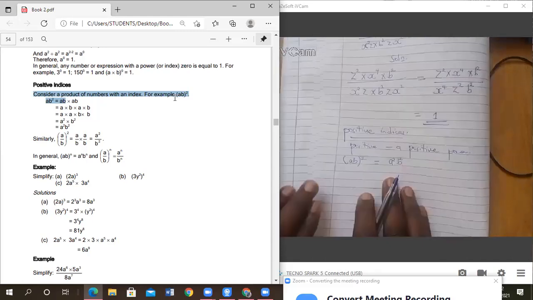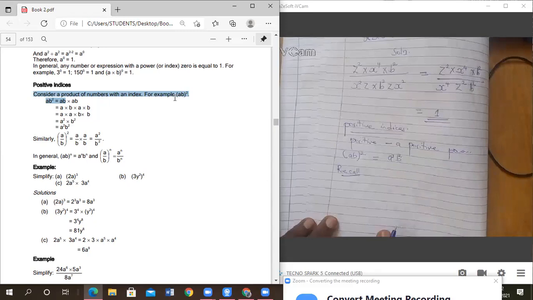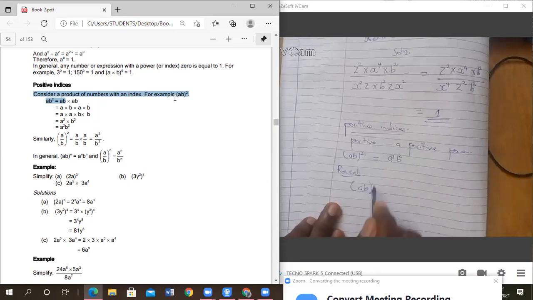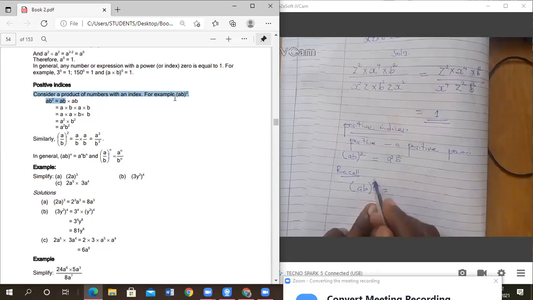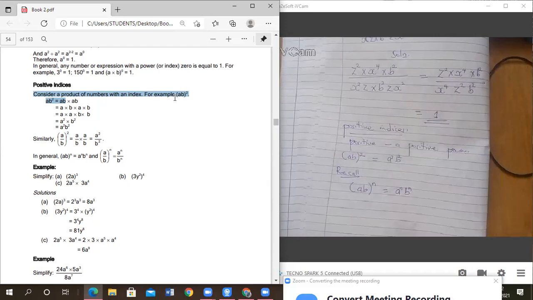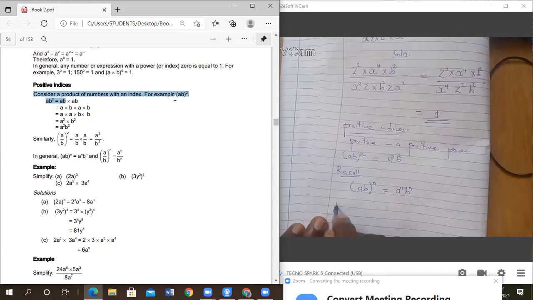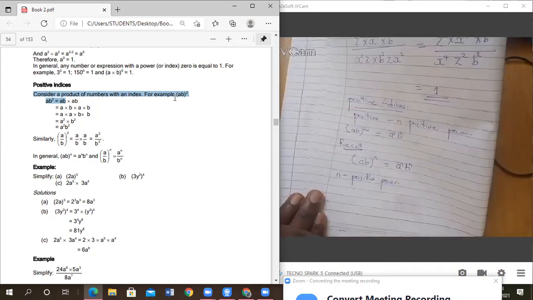I remember on Monday when we were looking at the laws and proving them one by one, I said if I have (ab) to the power n, this power is a common power. We distribute the power to all the numbers, so it becomes a to the power n, b to the power n. And n is a positive power.